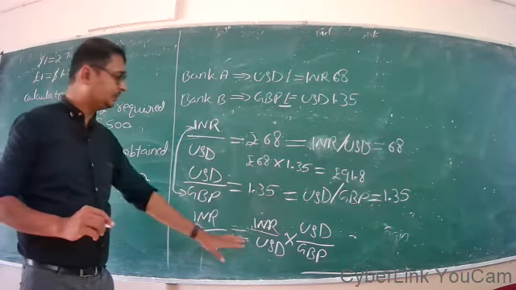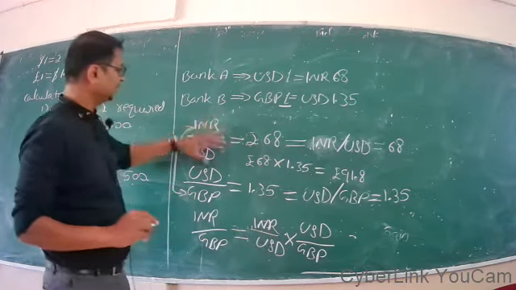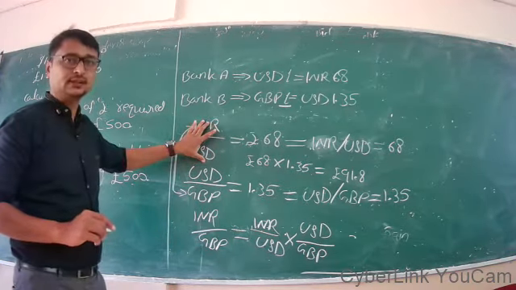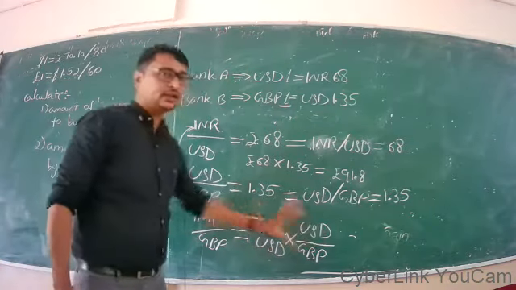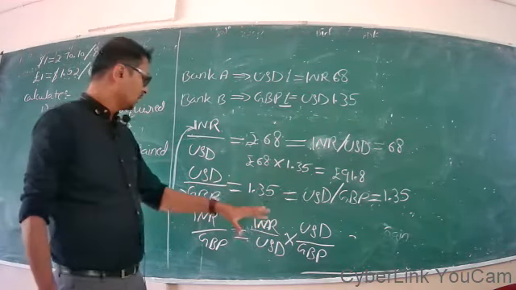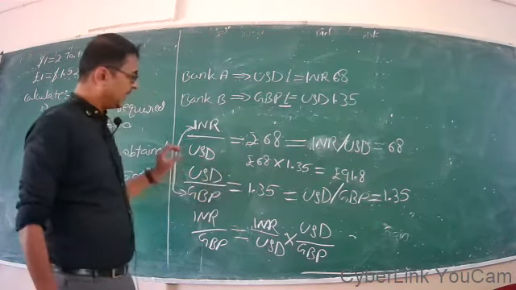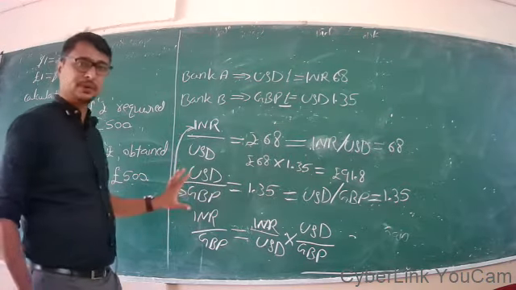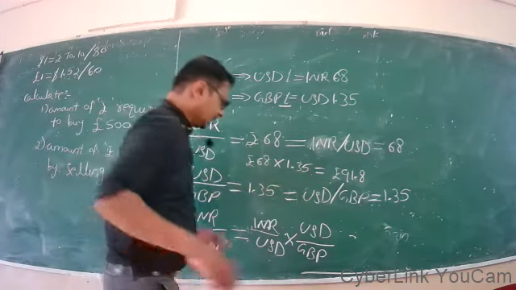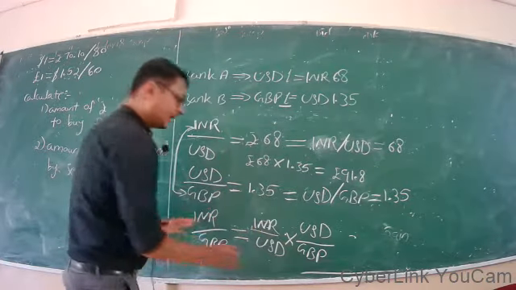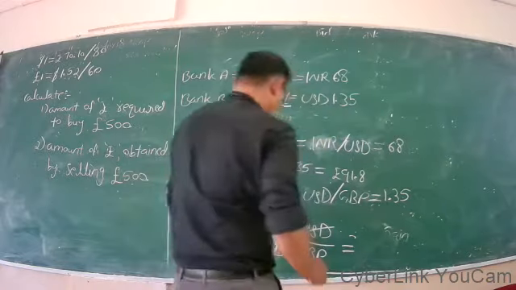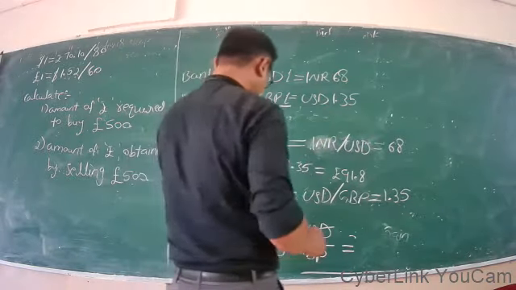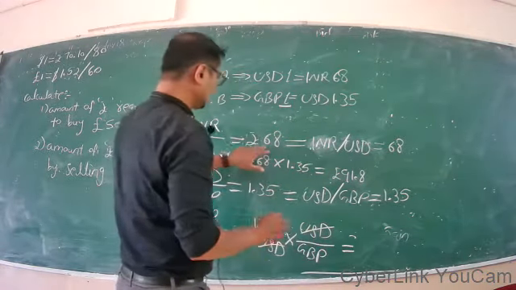INR per GBP is equal to INR per USD, which is given by one bank, and another quotation given by bank B is US dollar per GBP, right? So if we cross multiply, the US dollar is cancelled.